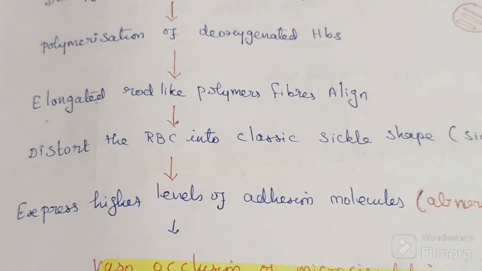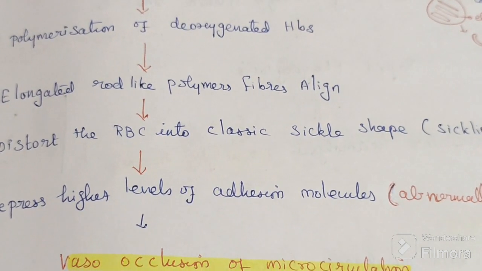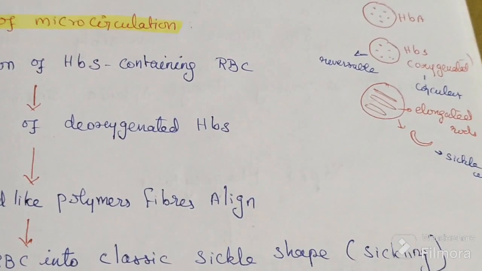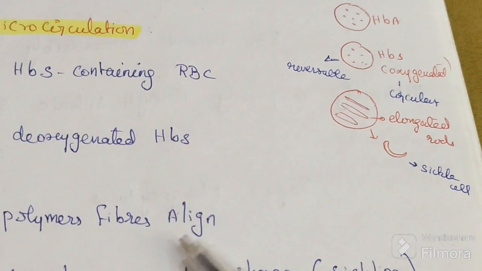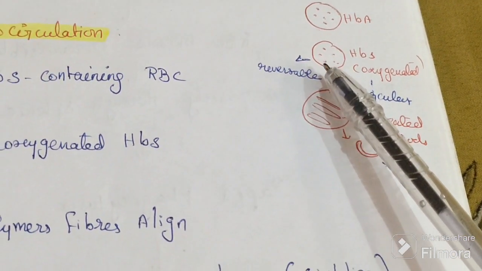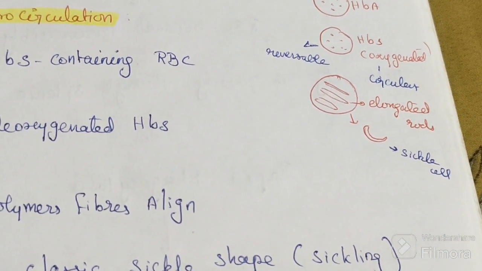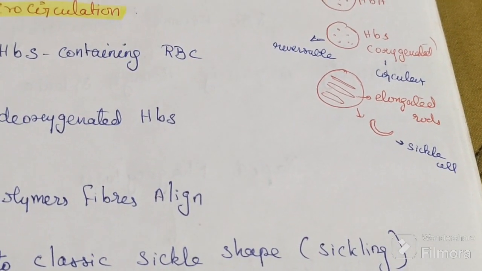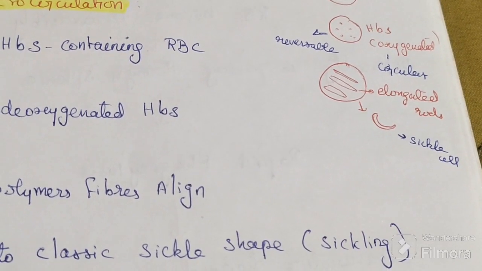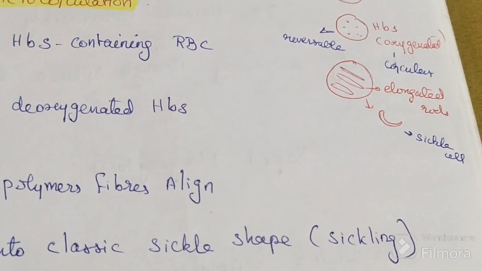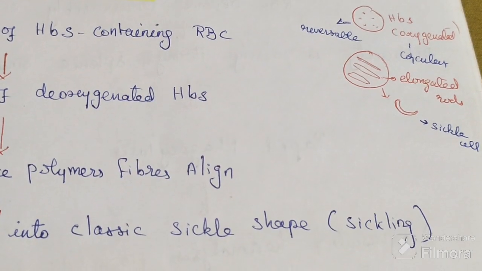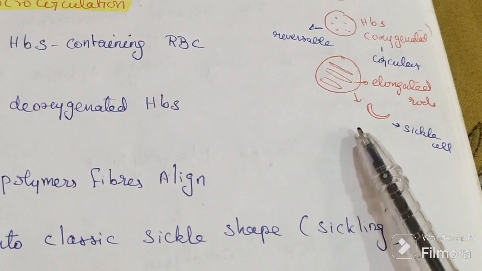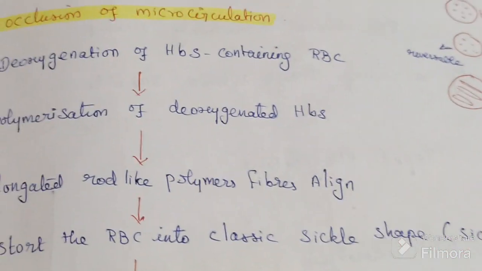So at the initial start of the disease, the sickling is reversible on oxygenation. But later on, the cell membrane of that RBC is damaged permanently, and sickling becomes permanent. At this point, understand, here this damage is the permanent one.